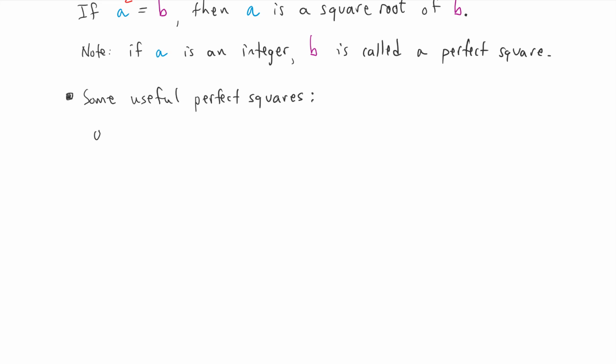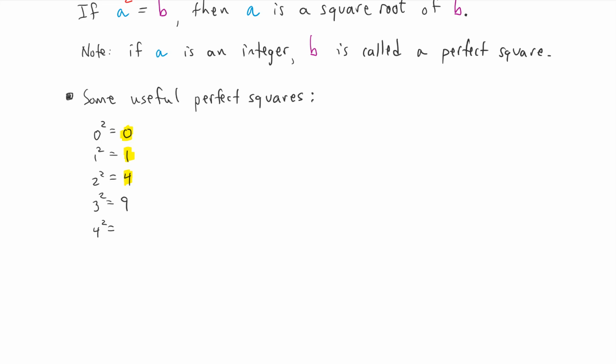So for example, 0 squared is 0. So 0 is a perfect square. 1 squared is 1. 1 is a perfect square. 2 squared is 4. So 4 is a perfect square. So this column here, these are the perfect squares, what you get after squaring the integer. So 3 squared, 9. 9's a perfect square.